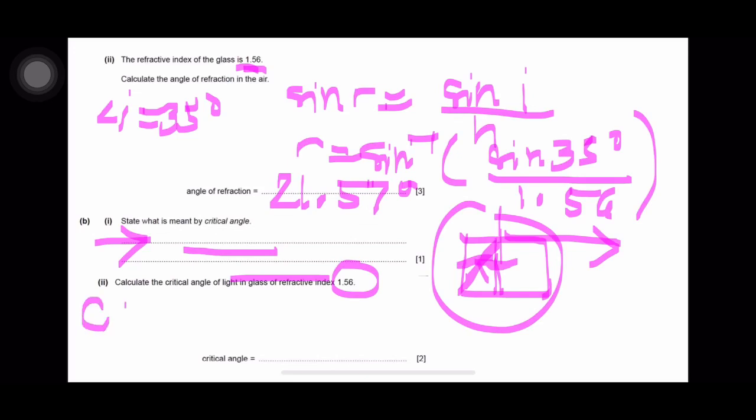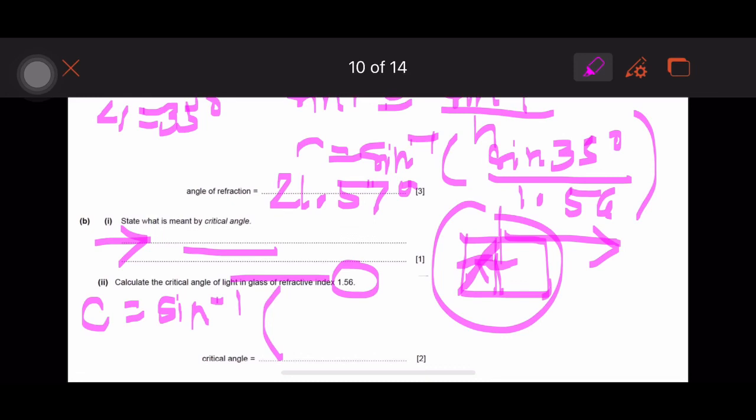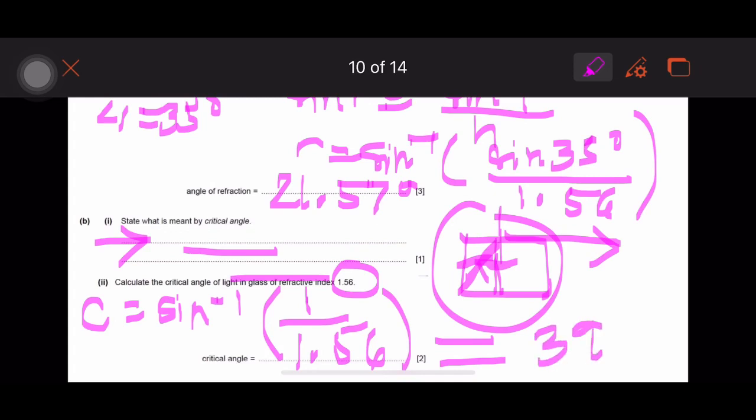So critical angle is equal to inverse sine of 1 divided by 1.56. So if you solve for that, C now will be 39.87 degrees, or 39.9 degrees. Okay, so that's it for this problem.